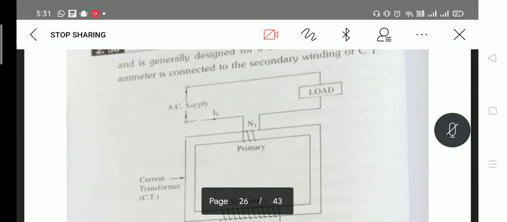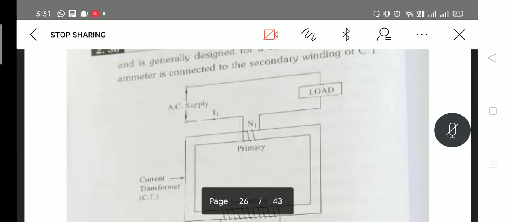We can reduce that in the secondary side to a very small current, up to 0 to 5 amps. Even if greater than 100 amps is flowing in the primary side, that current can be reduced on the secondary side to 0 to 5 amps.